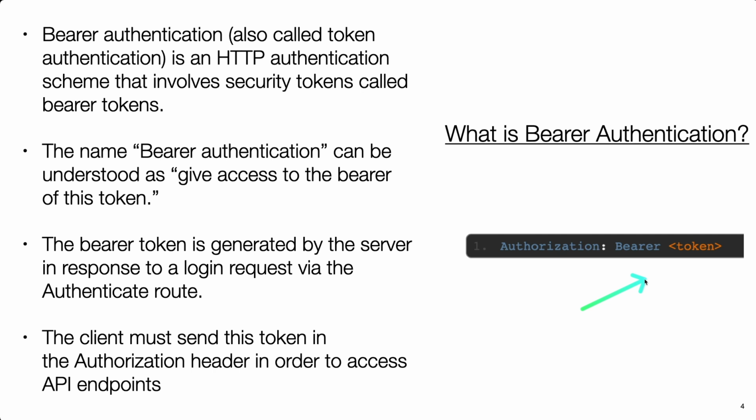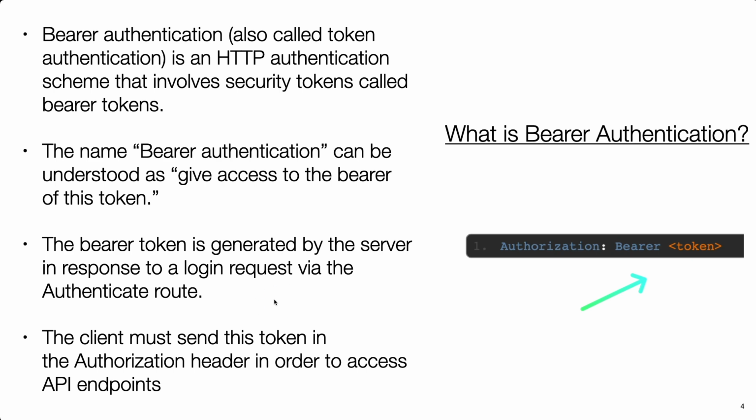If the token is not valid, it will be rejected. If you've used any open source APIs like the Open Weather Map, for instance, a form of bearer authentication is being engaged there, in that we're providing an API key, which is the token in that instance, when accessing the endpoints.